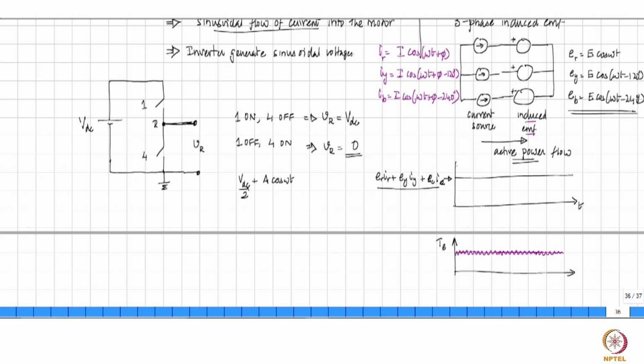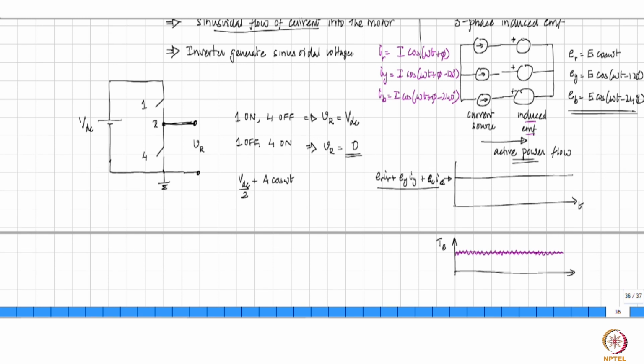Sorry, VDC by 2 plus A cos omega t. So you are generating a level shifted sinusoid. That means the output at this point will generate a DC quantity plus a sinusoid of certain amplitude at the low frequency entities.